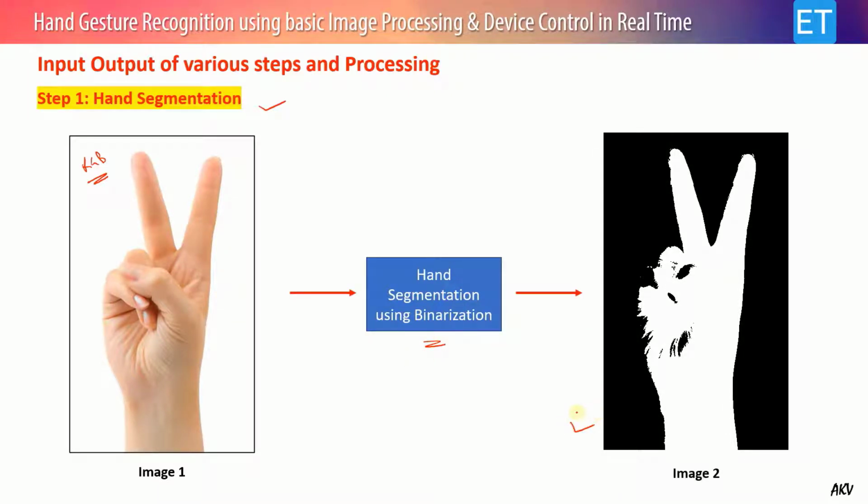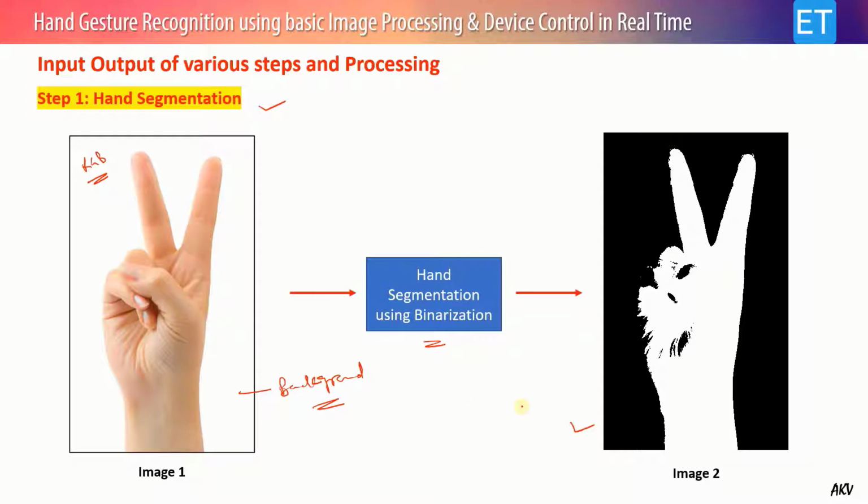So your hand is segmented from the background. For efficient output, your background must be of light color, preferably white or off-white. And if there is uneven illumination, then the segmentation will be poor. So lighting conditions should be good.